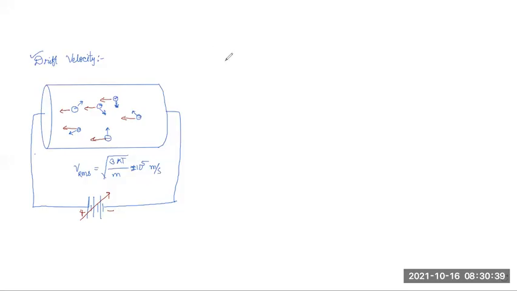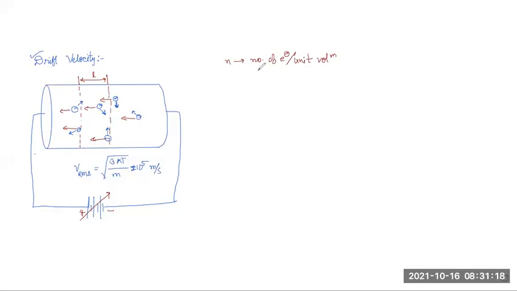So let's have some mathematics associated with it. Let us say that n represents the number of electrons present in that material per unit volume. This is more important, that n is the number of electrons per unit volume. Suppose we take a certain length of this conductor and we want to find out how many electrons are present within this volume of the conductor.